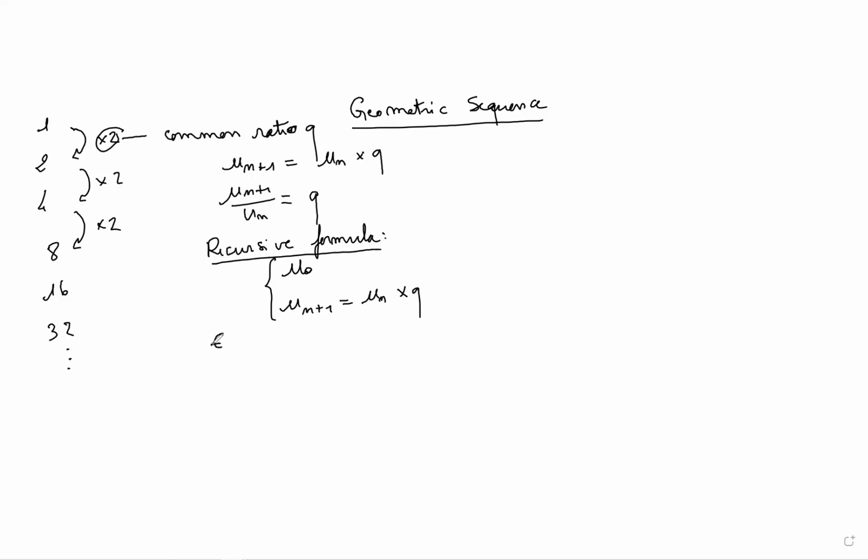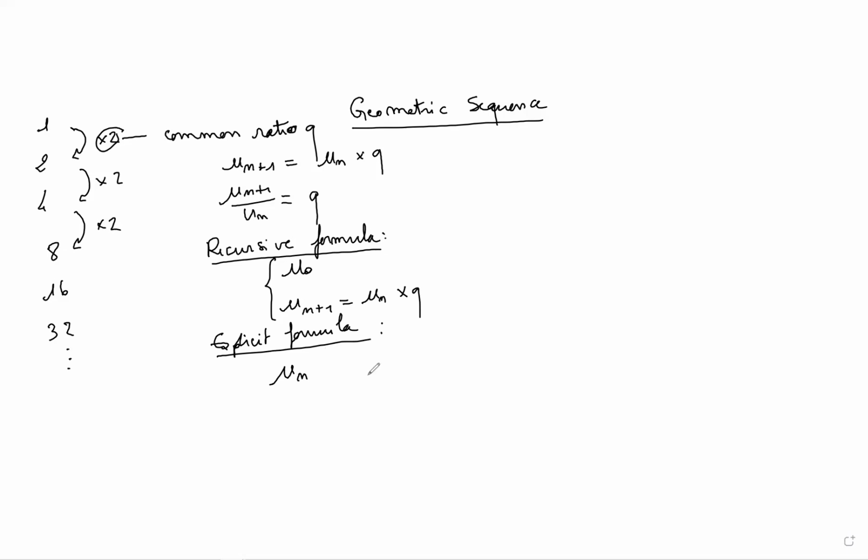Your explicit formula is used if you want to compute U18 without computing all the previous terms.